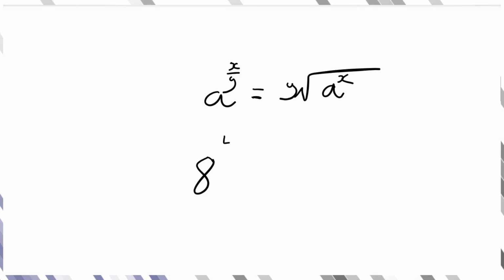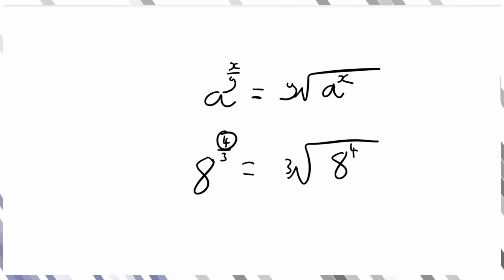So 8 to the power of 4/3. The bottom number is 3, so the y in our rule here is going to be a 3. That means we're taking the cube root of 8 to the power of 4, the numerator. So the cube root of 8 is just 2. It doesn't matter which order we do these in.